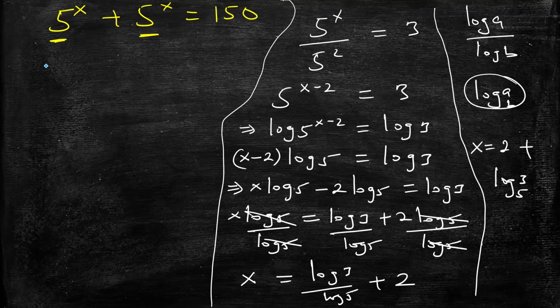Okay, so we have 5 raised to x plus 5 raised to x. So let's substitute. So we have 5 to the power 2 plus log 3 to base 5, plus 5 to the power 2 plus log 3 to base 5.